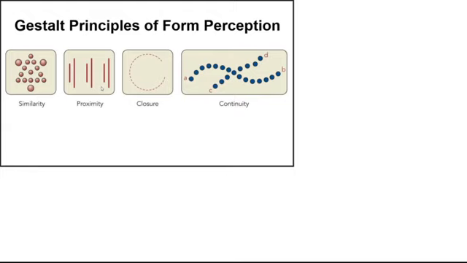For proximity, we could theoretically look at this as 3 short lines and 3 long lines, but because some of the lines are closer together than others, we tend to perceive this as 3 pairs of 2. So 3 pairs that have one short line and one long line because of their proximity to one another. So we associate things that are close to each other.